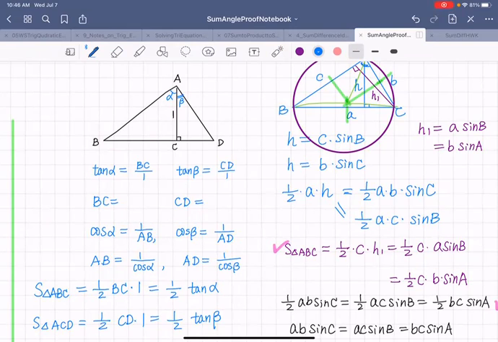Then BC equals to how much? BC is same as tangent alpha, right? Yes. CD is same as tangent beta, correct? Yes. Okay, so based on this, we can do next.